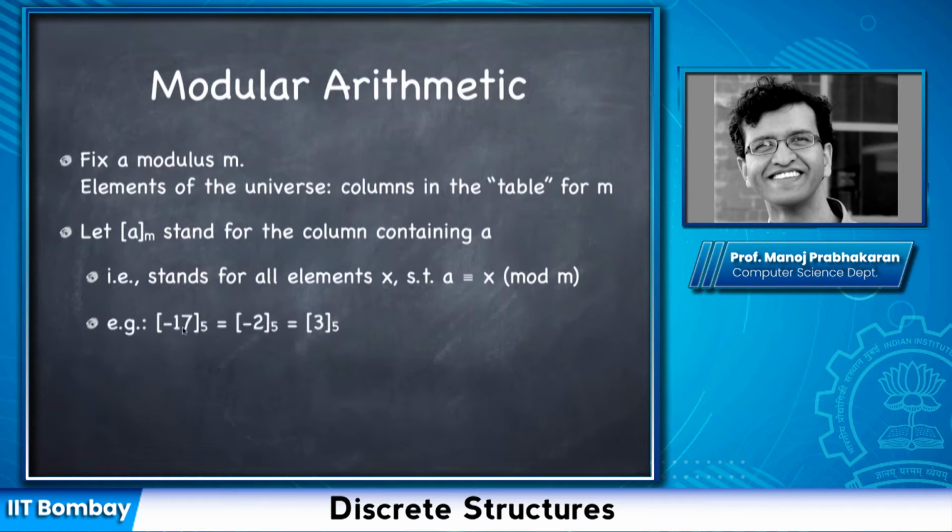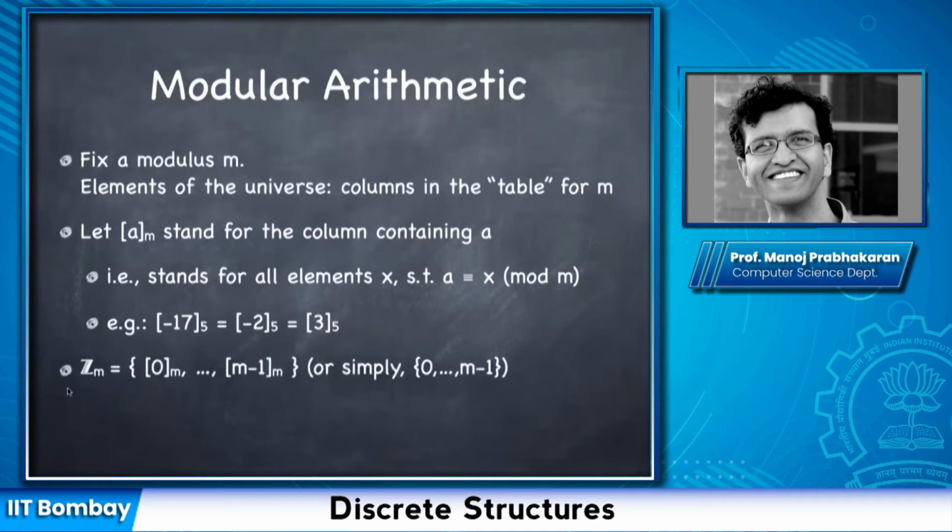And the same column can be written using multiple representatives, or different elements in the column. So, minus 17, minus 2, 3, they all belong to the same column corresponding to the remainder 3 when you're considering the table with modulus 5. And so these are all referring to the same object, namely this particular column.